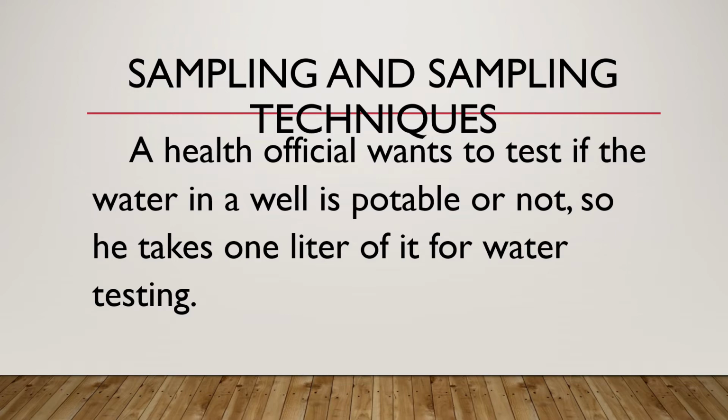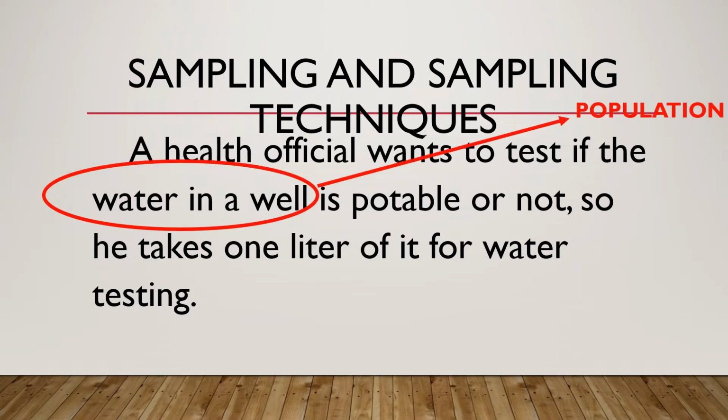Correct. If your answer is that the water in a well is the population, you really did a great job. The water in a well represents the population because it represents the totality of the water. And the sample here is the 1 liter, which is just a part of the water in the well.